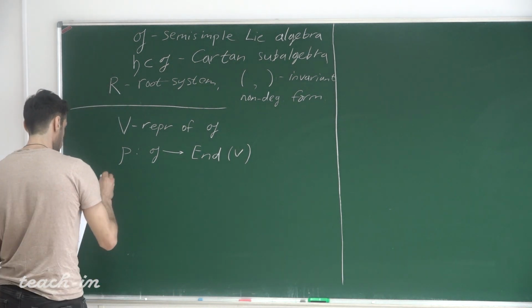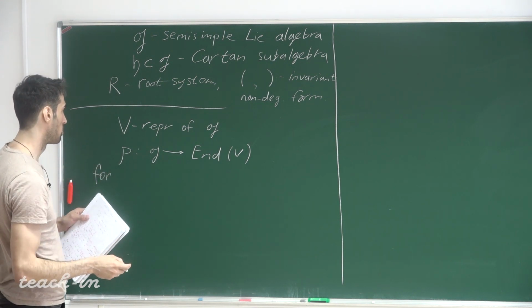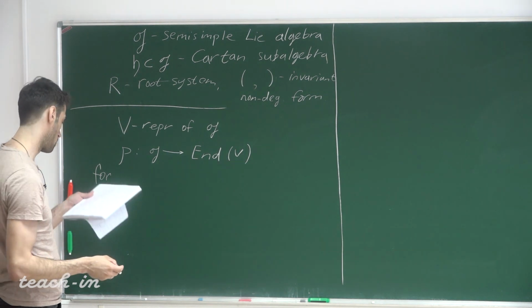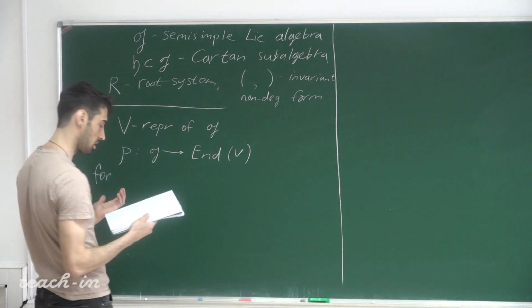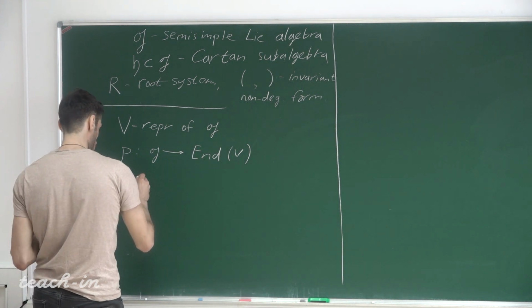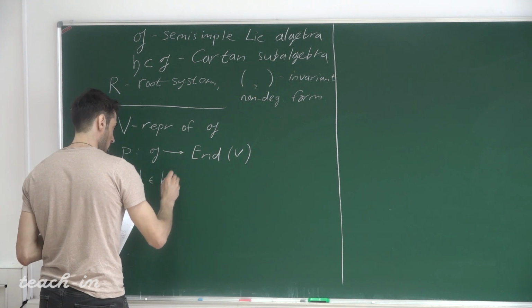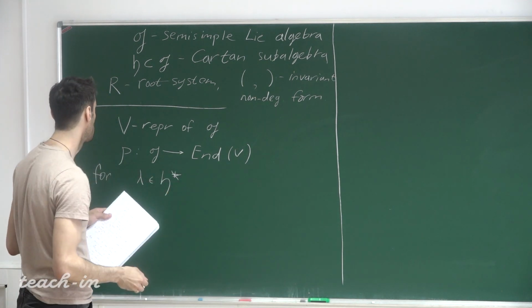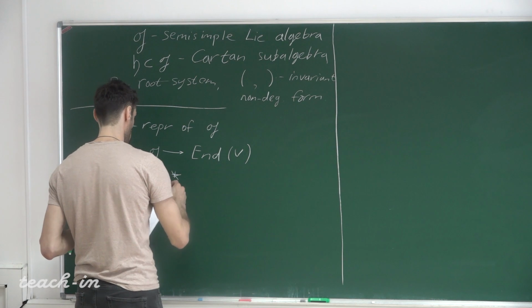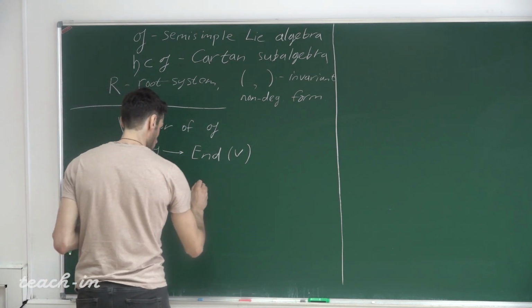And of course, one important thing to introduce here is weights and weight subspaces. So our weights will be elements of H star. So for lambda from H star, dual to H, define the following.